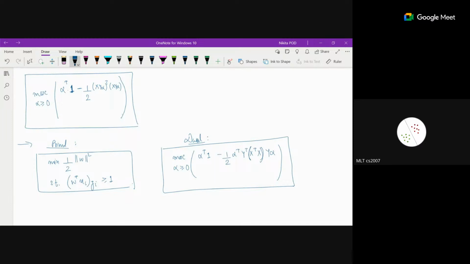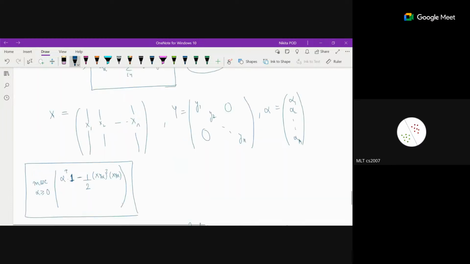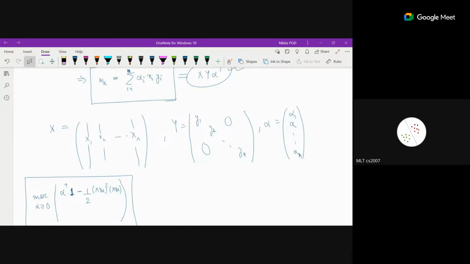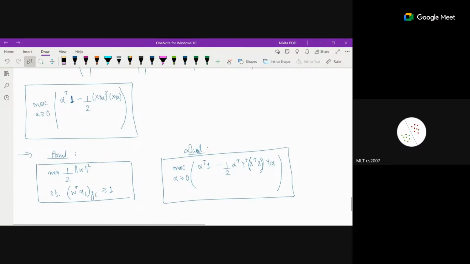My matrix X is this D cross N matrix, so this X transpose X is going to be N cross N, right?